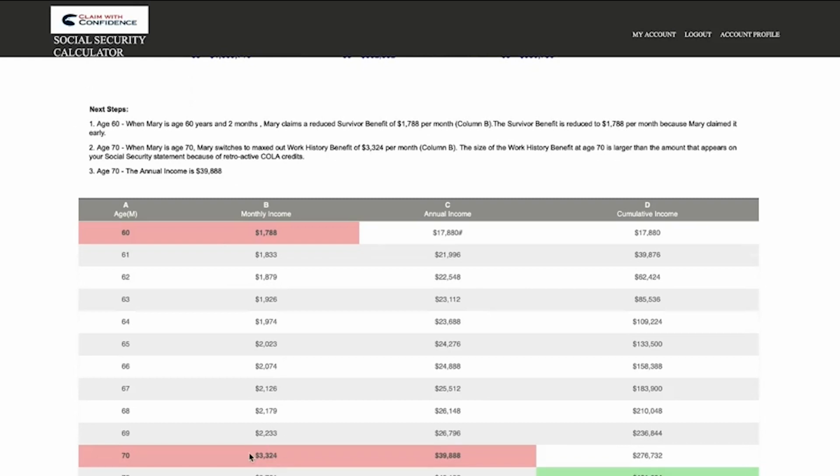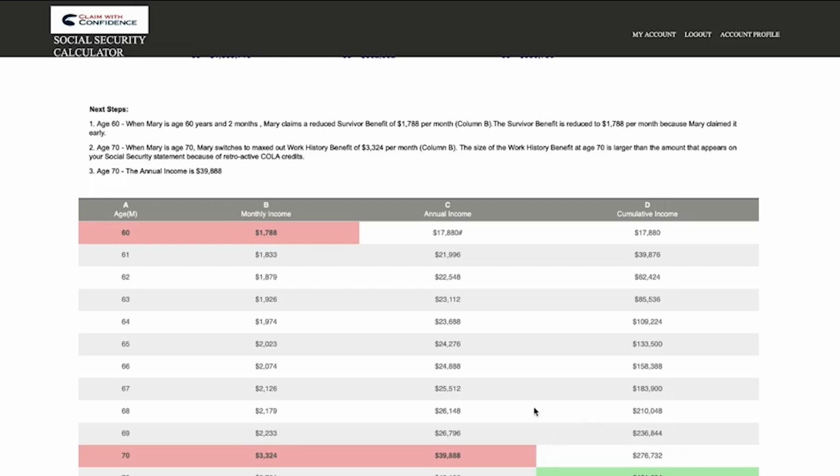And the whole time she's receiving these survivor benefit payments, her own benefit, that $2,200, is continuing to grow by that 6 to 8% per year for every year she delays claiming it past age 62. And then at age 70 now, she switches from the survivor benefit to her maxed out own benefit of $3,324 a month.